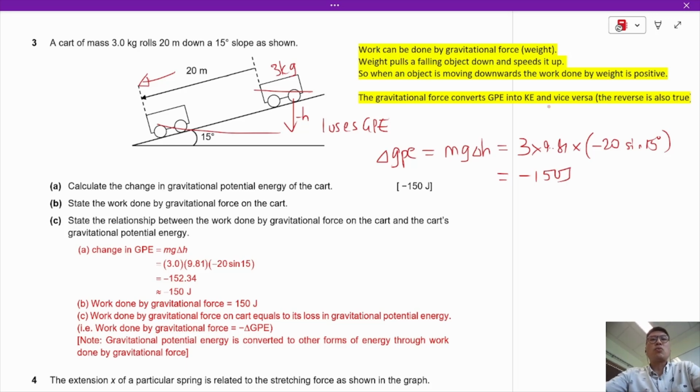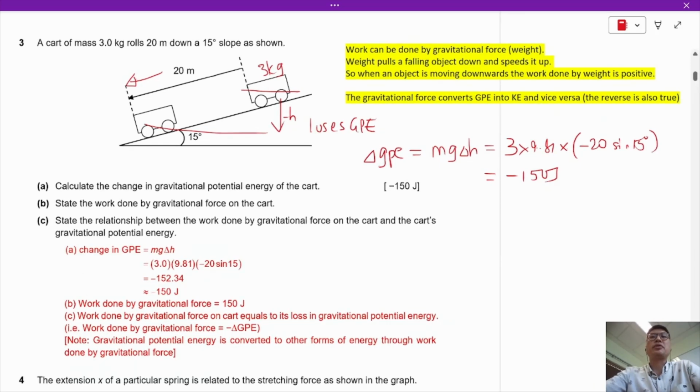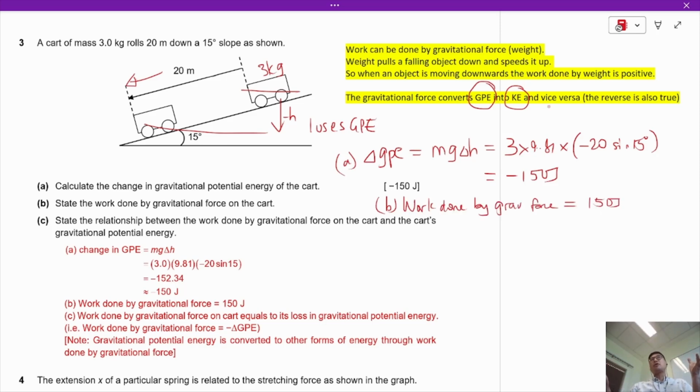Now, take the work done by the gravitational force on the cart. Since the gravitational force converts GPE into KE, using this idea, the gravitational force therefore does 150 joules of work. Because the gravitational force is actually taking from the GPE and converting it into the KE of the cart. So take the relationship between the work done by the gravitational force on the cart and the cart's gravitational potential energy.